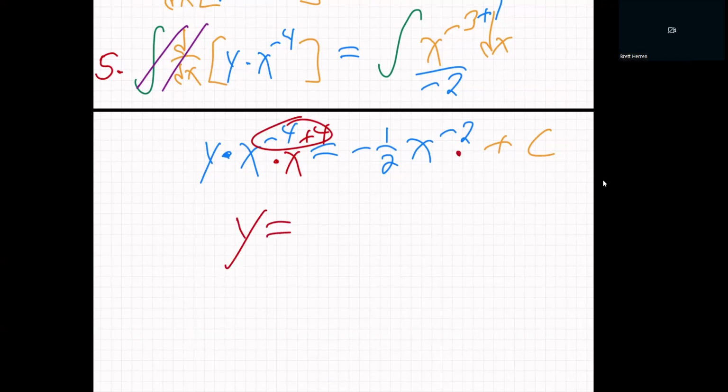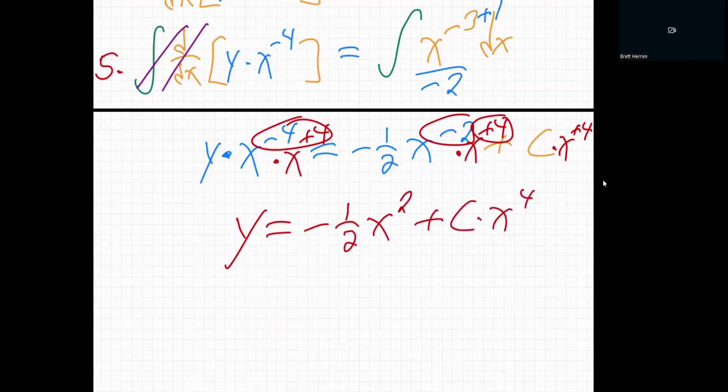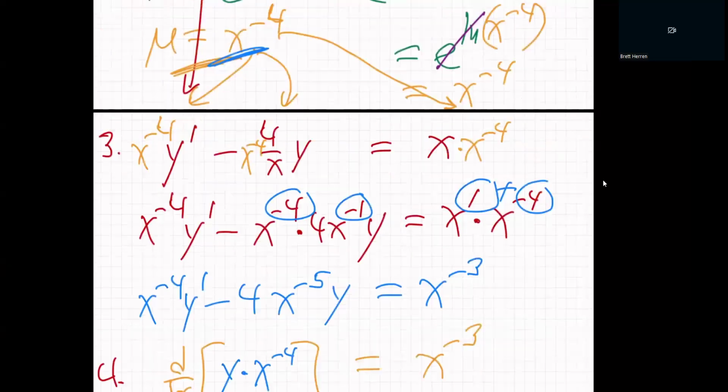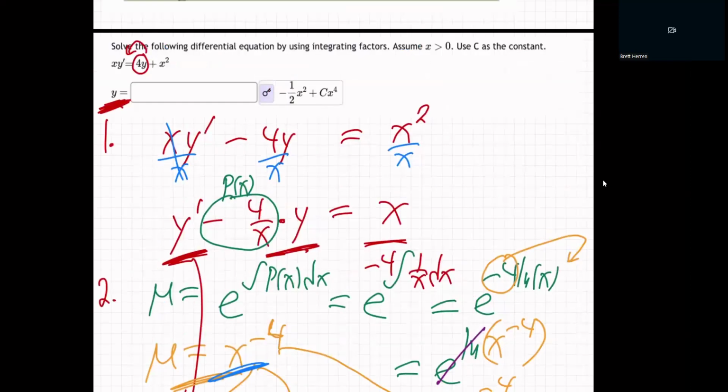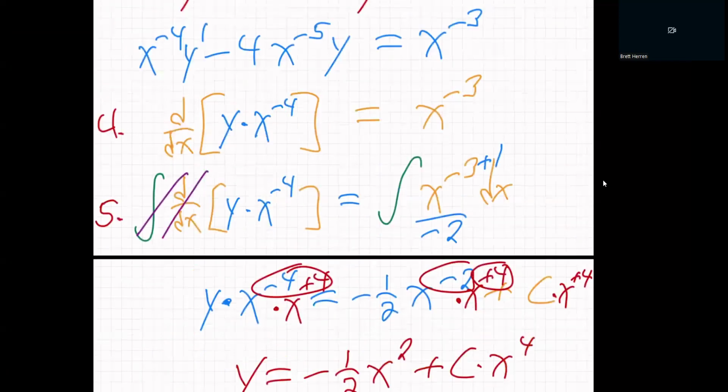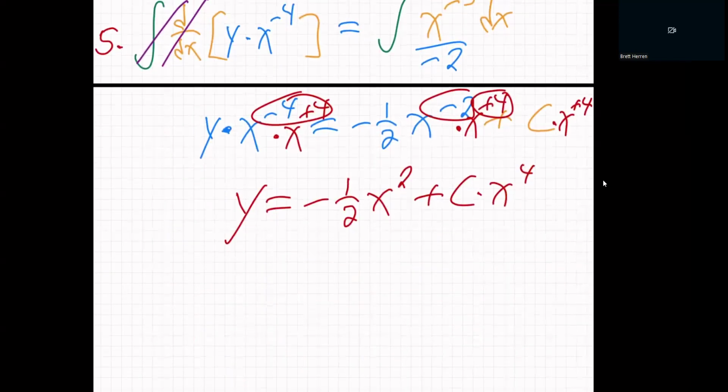Whatever you do to one side, do to the other. So this will be minus a half. These powers add again: x to the 2, and c x to the 4. Did we get it right? Minus a half x squared plus c x to the 4. There it is. And we got it.